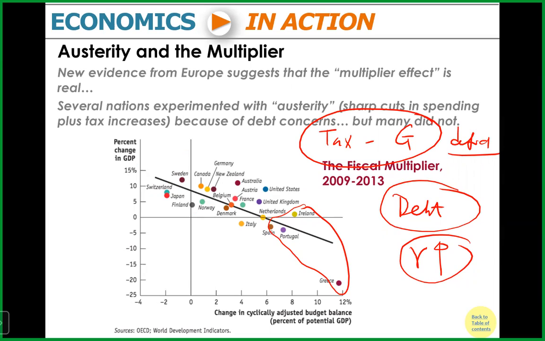But because in the past they accumulated a lot of debt, international investors lost confidence in them and are not willing to lend to them. The only way they will lend is to charge a high interest rate. But the interest rate is so high that they are not able to afford it.